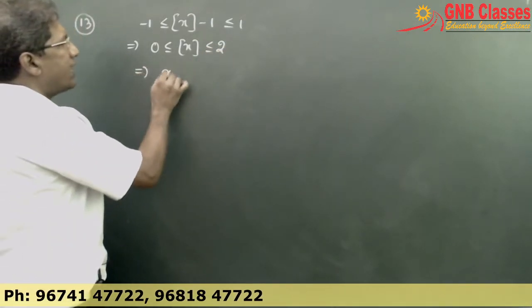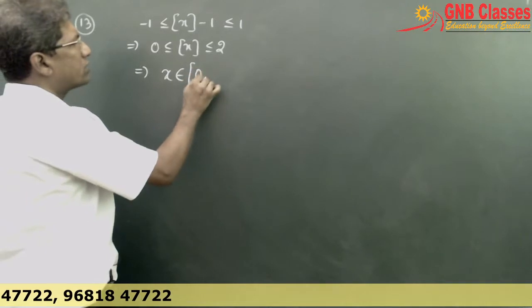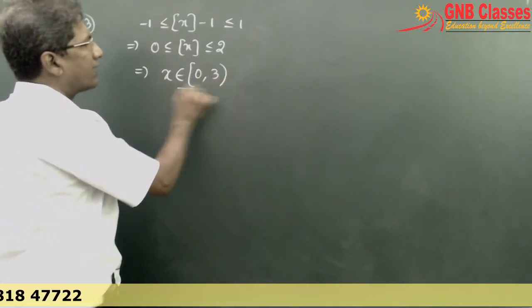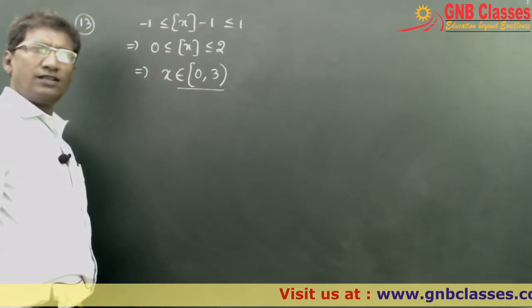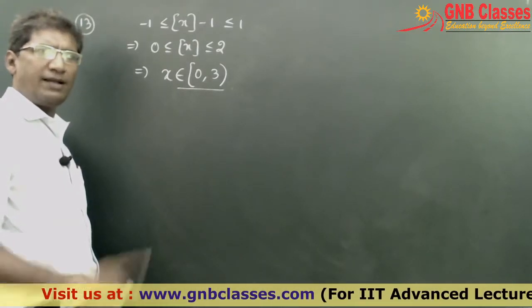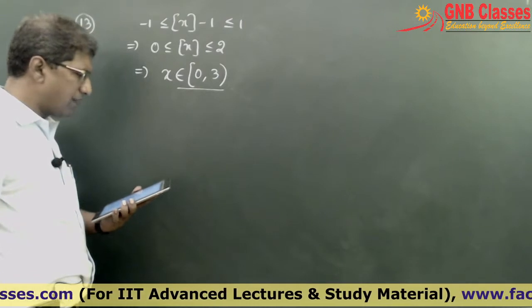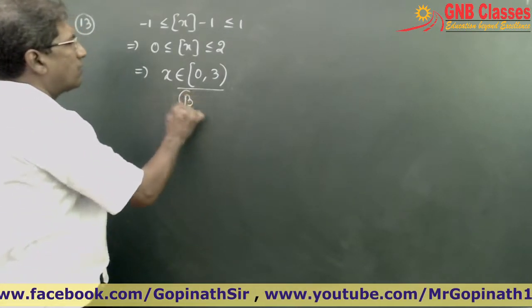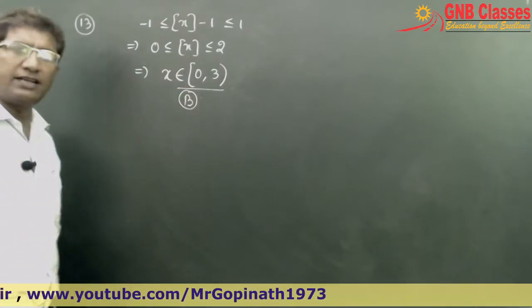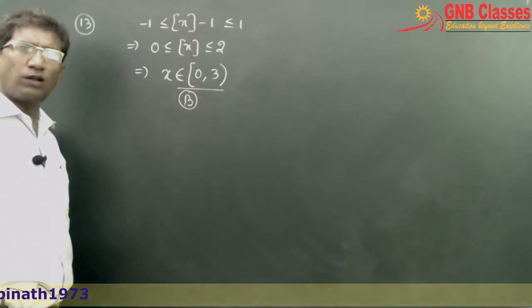That implies x belongs to closed 0, open 3. Is it clear? Therefore, the required domain is x belongs to 0 to 3, 3 open, 0 closed. Therefore, my option for question number 13 is B. Is it clear to all of you?